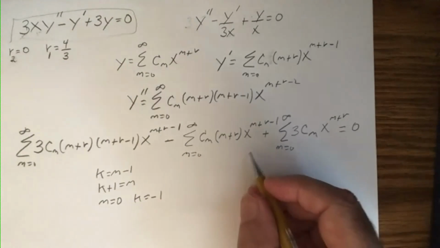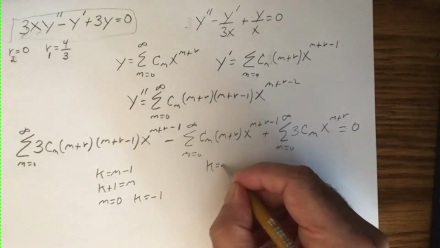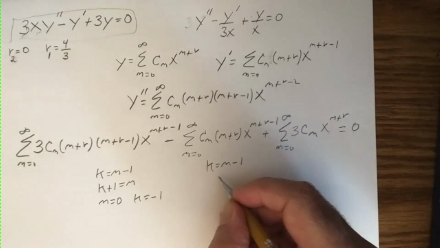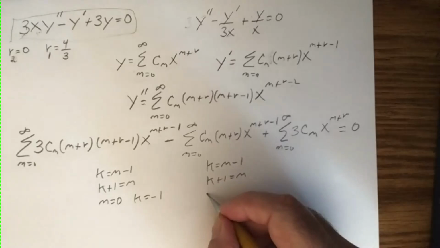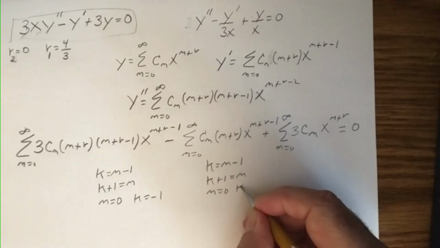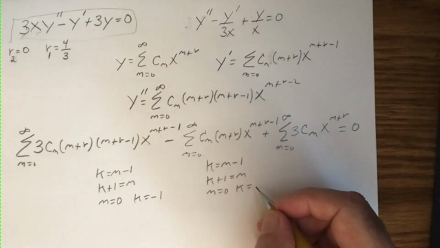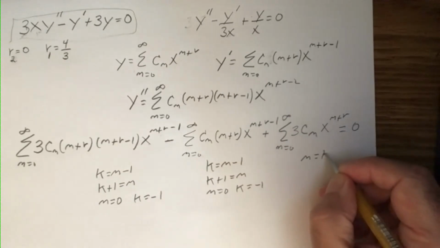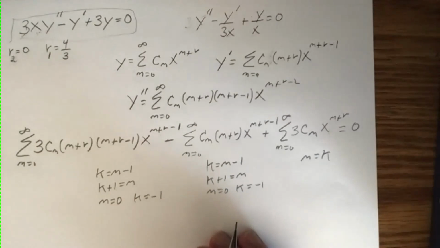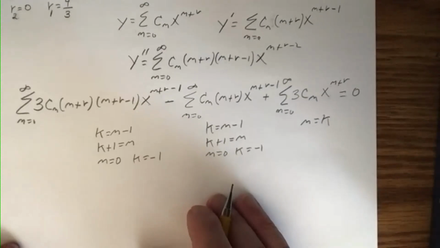I'm going to do the same thing for this one too: k plus 1 is equal to n, and when n is equal to 0, k is equal to minus 1. This I'm going to leave alone. I'm just going to say n is equal to k. All right, so now what do I got?